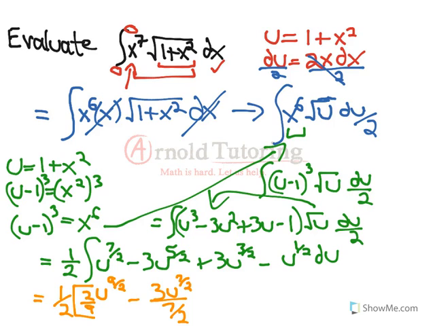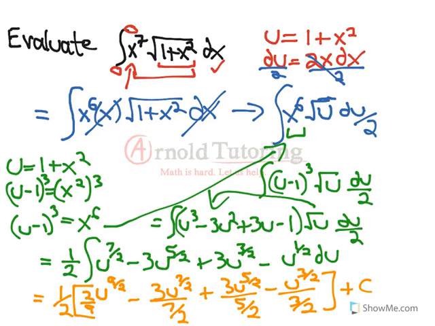So it cancels. Plus 3u to the 5 over 2 divided by 5 over 2, minus u to the 3 over 2 over 3 over 2, plus c. Okay, so we're basically done here.